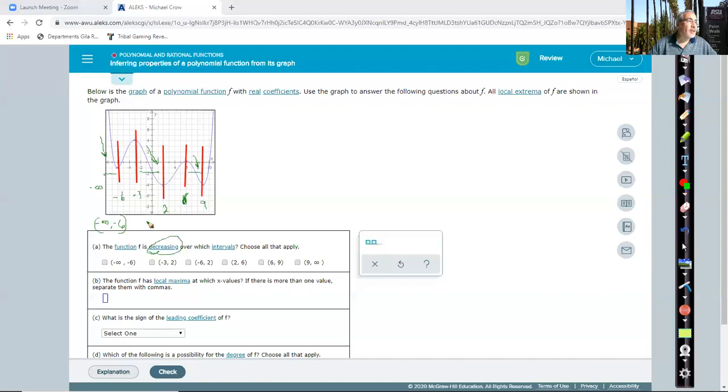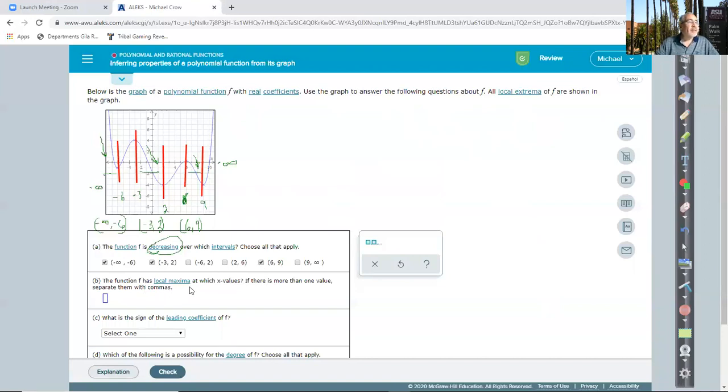From -3 to 2, that's another one, interval of decreasing. And then going from 6 to 9. And just remember, out this way would be positive infinity if we need to. So we can mark those intervals down here. -infinity to -6, -3 to 2, and then 6 to 9.